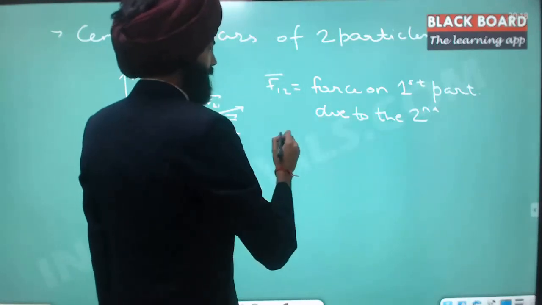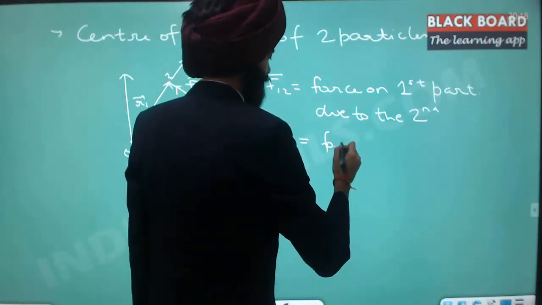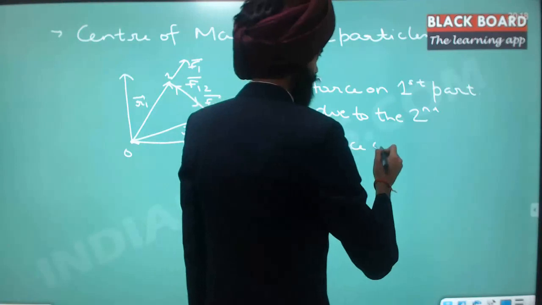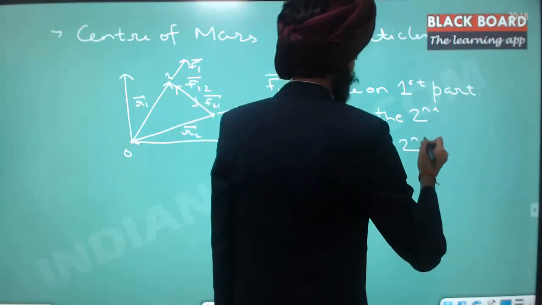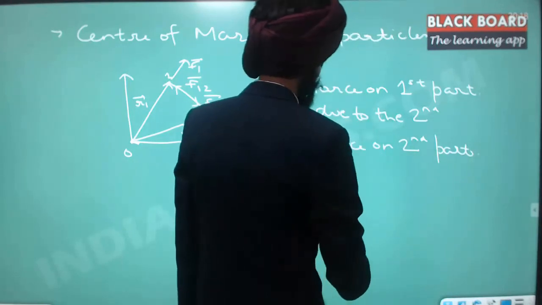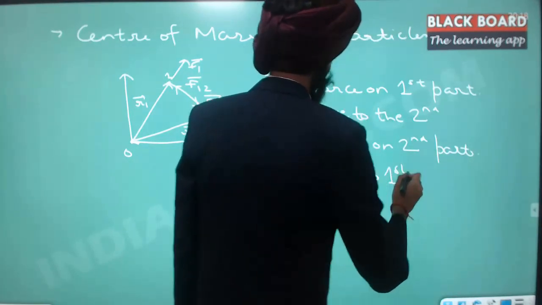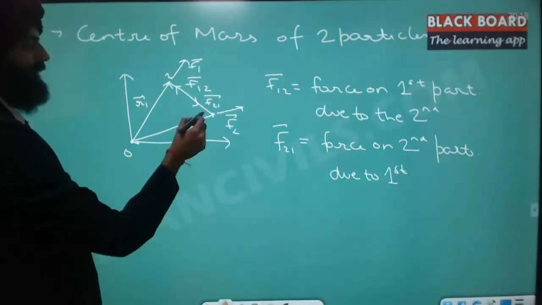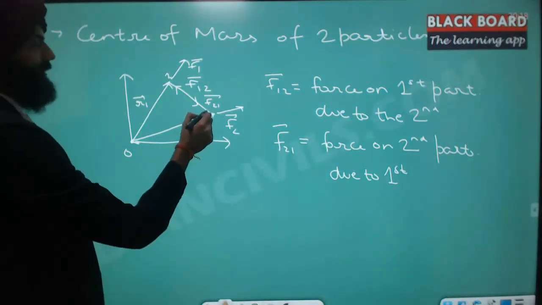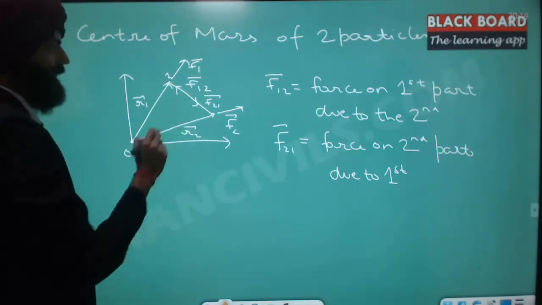Okay, and F21 is nothing but the force on the second particle due to the first. So particle 2 is exerting a force F12 on the first particle, and particle 1 is exerting a force F21 on the second particle.